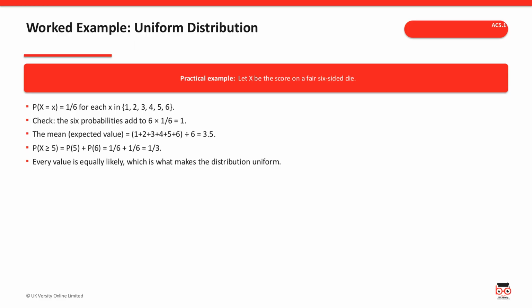The mean or expected value is 1 plus 2 plus 3 all the way up to 6, divided by 6, that's 21/6, which is 3.5. And the probability that x is 5 or more is the probability of 5 plus the probability of 6, 1/6 plus 1/6, which is 1/3. Every value equally likely, exactly what makes it uniform.